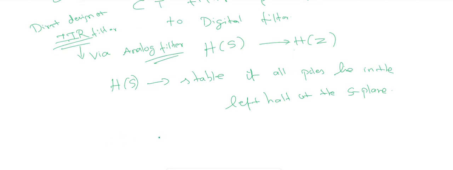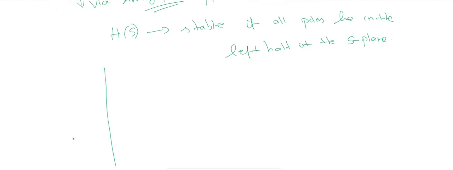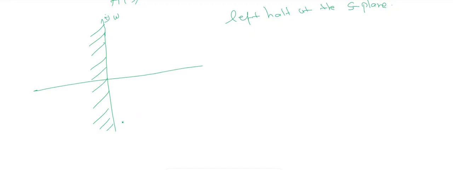For stability, the system function is stable only if the poles lie on the left half of the S plane. The imaginary axis has plus j omega and minus j omega. So all the poles should lie in the left half of the S plane.